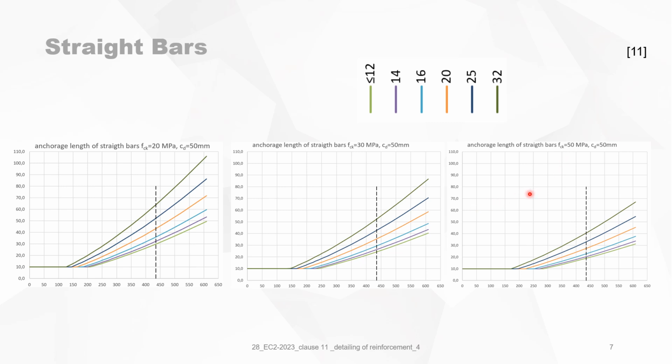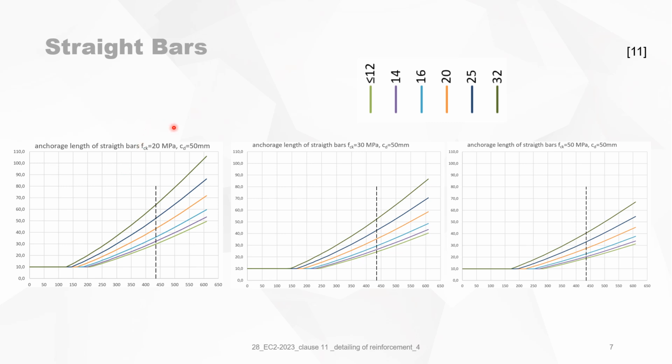Just to show you the influence of the concrete quality. You see immediately, if you compare it with 30 megapascal here, then for 435 megapascal steel stress, you arrive almost at 50 times the diameter.